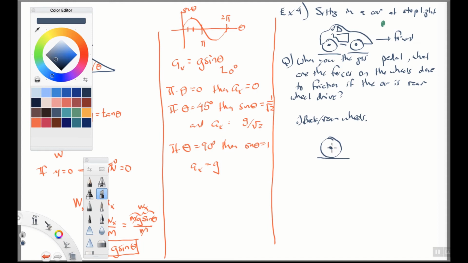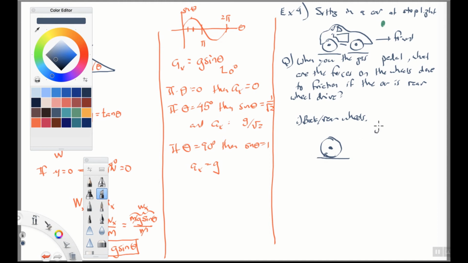The wheel begins trying to spin, and it's trying to move in this direction at the bottom. So you might correctly realize that it is going to try to push the ground to the left.